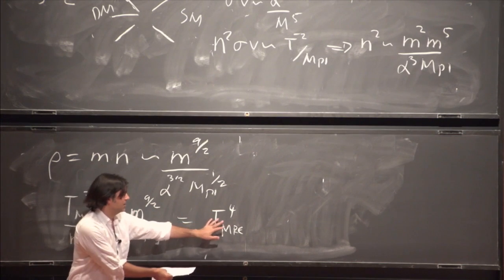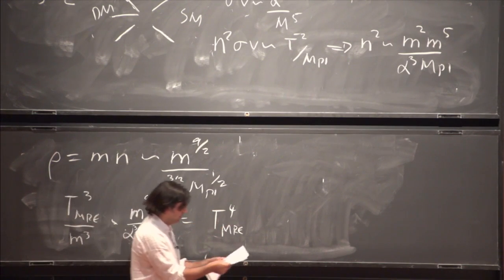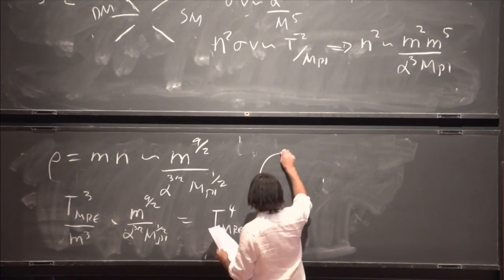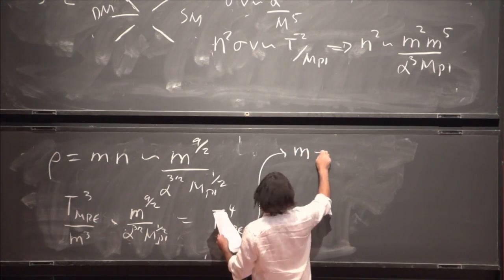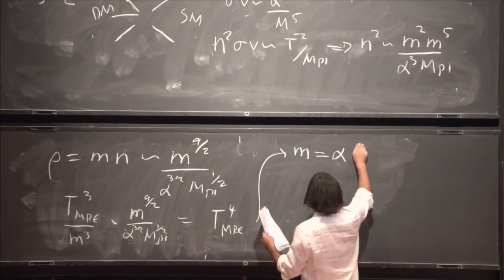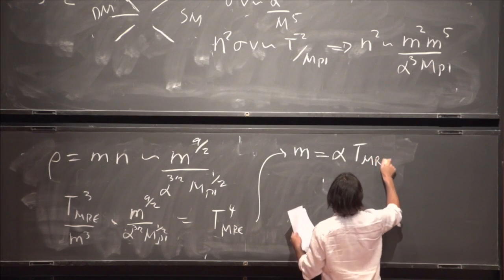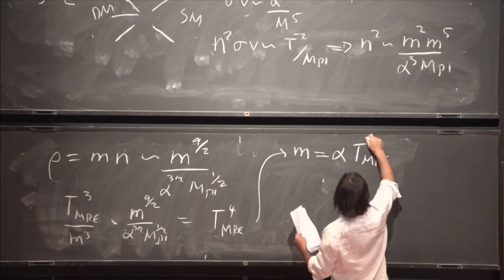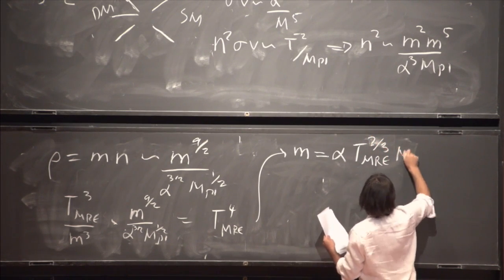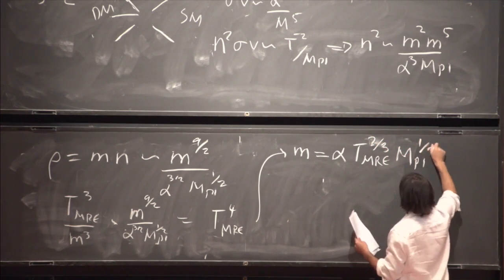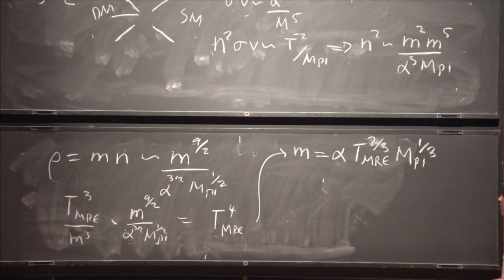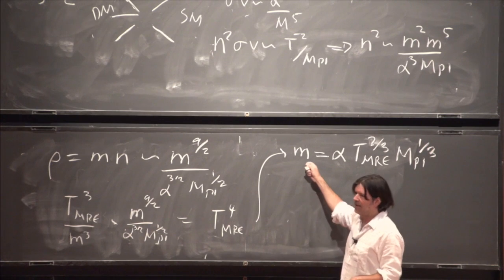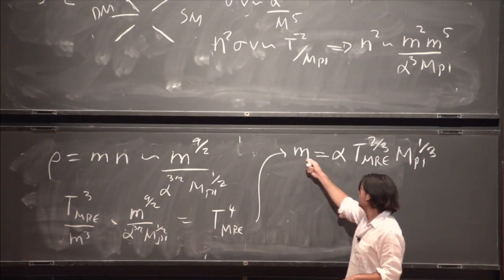This is what the photon energy density is going to be. I set them equal. I do some algebra. And when you do some algebra, you get that m is T to the 2/3 m Planck to the 1/3.